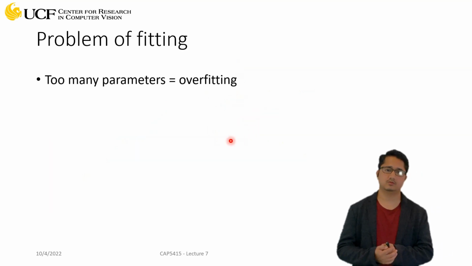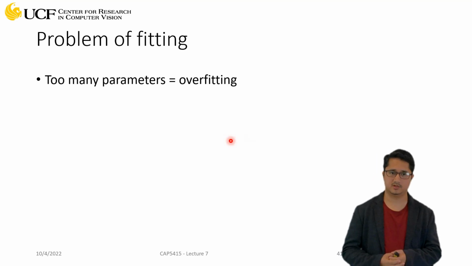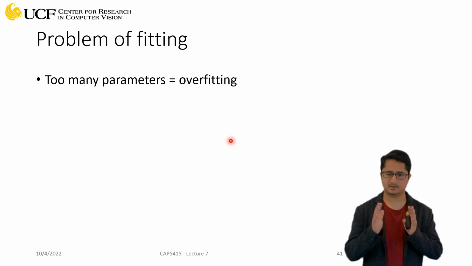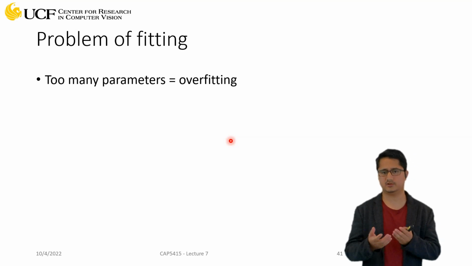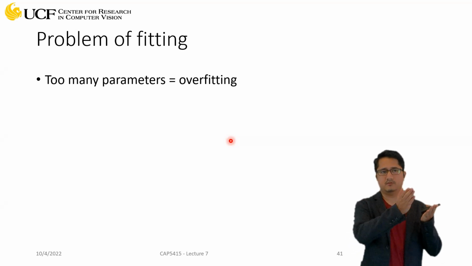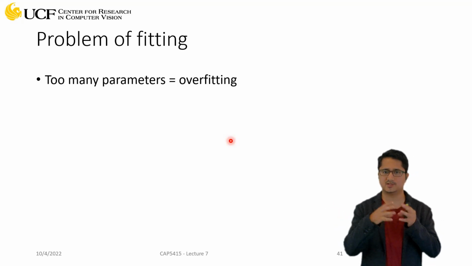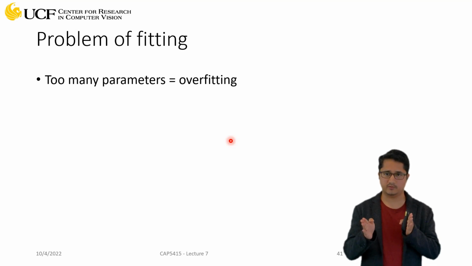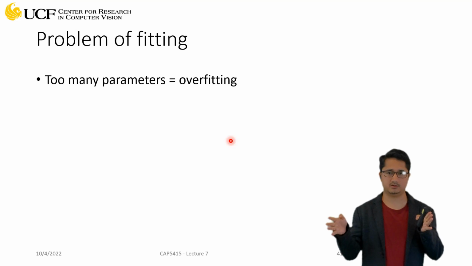Now let's move on to the problem of fitting. Your network has some set of parameters, right? Essentially it's a function. When your input is an image and you're making some predictions, you're trying to learn some function which performs this transformation from the image domain to the prediction domain.